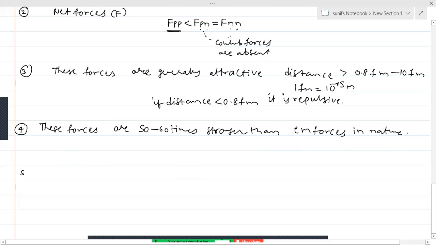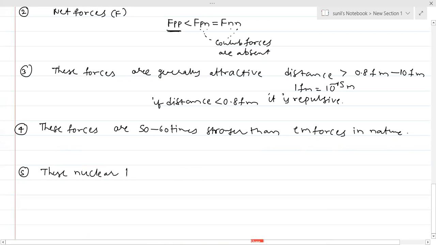And these nuclear forces are spin dependent.